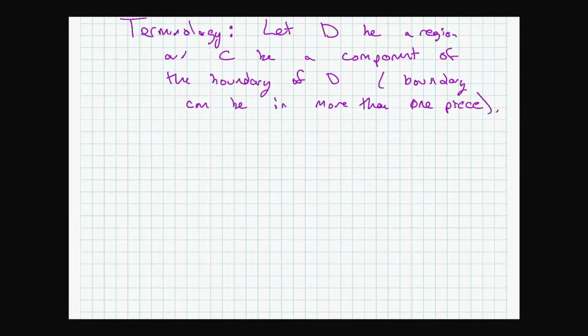Positively oriented is if you're traveling in the direction of the curve, the region is always on your left.